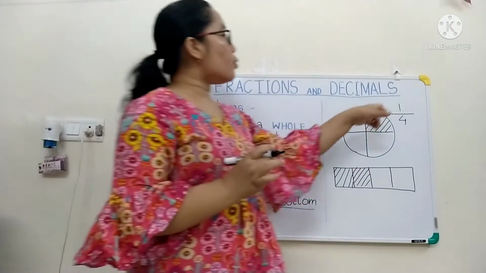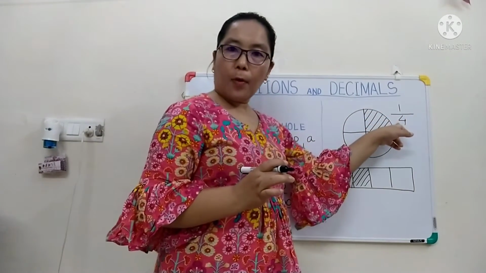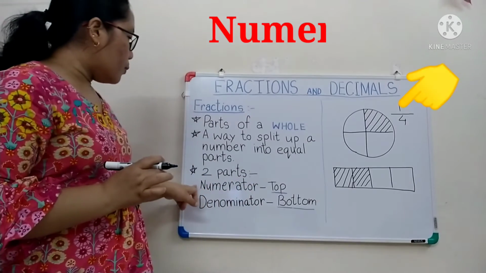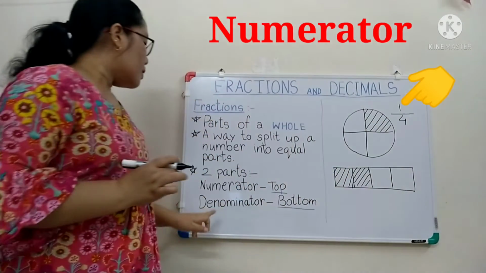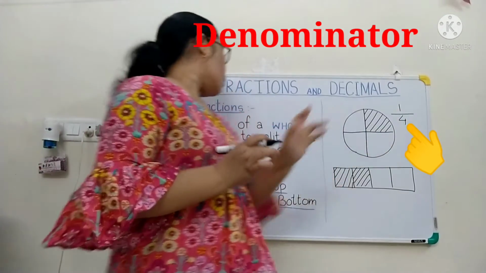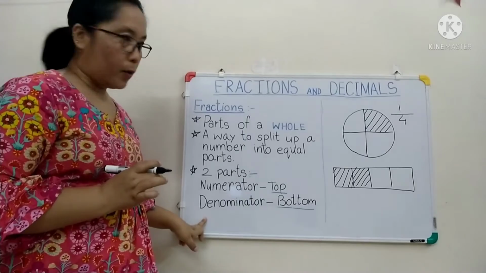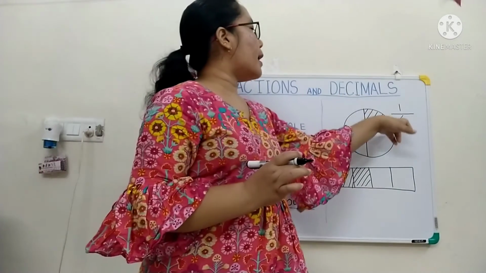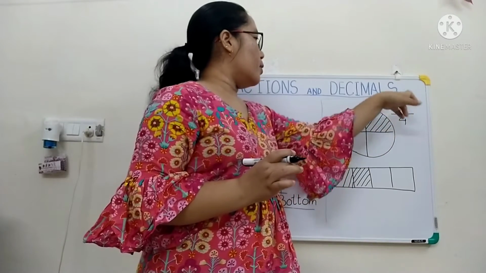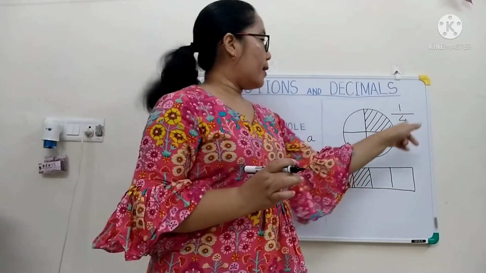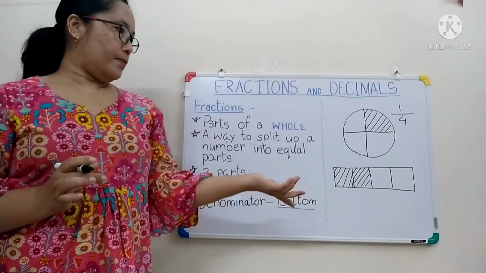In a fraction we have 2 numbers, one at the top and another at the bottom. The top we call the numerator, and the bottom we call the denominator. That means 1 by 4 or 1 upon 4, where 1 is the numerator at the top, and 4 is the denominator at the bottom.